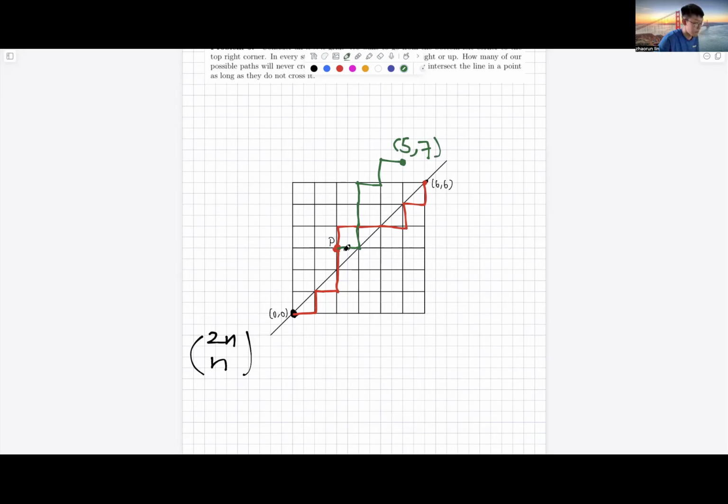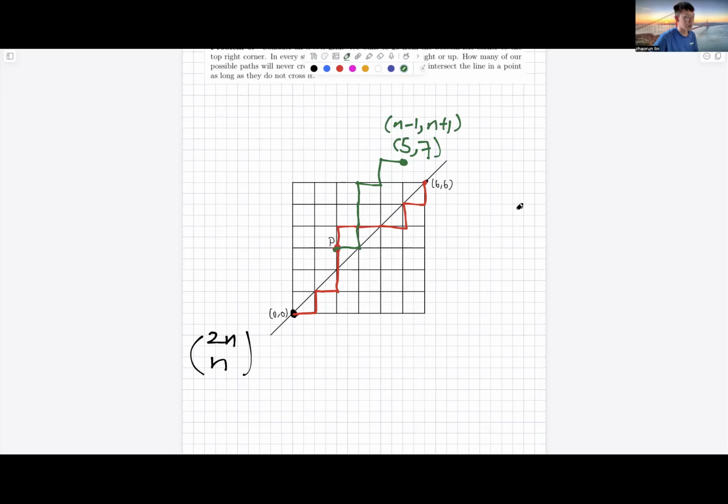And actually, no matter how the remaining path after P looks, in the end, if we reflect it, it will always end up at the point (n-1, n+1). So this is where we will always end up.